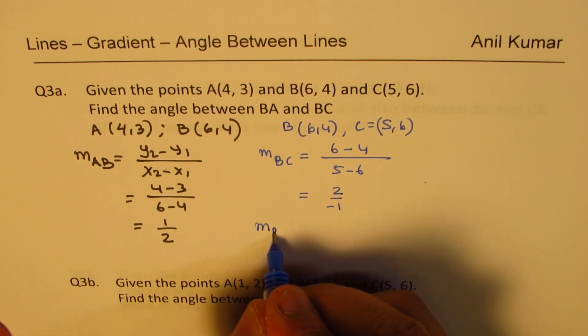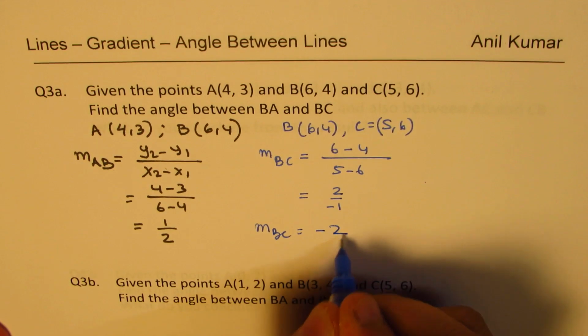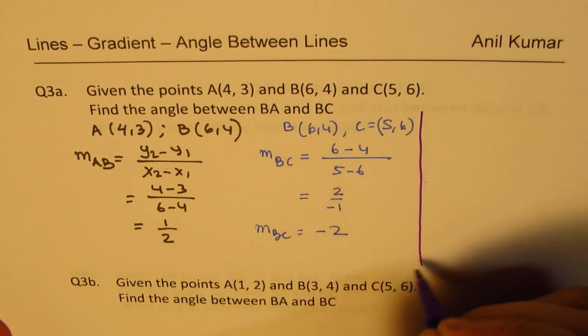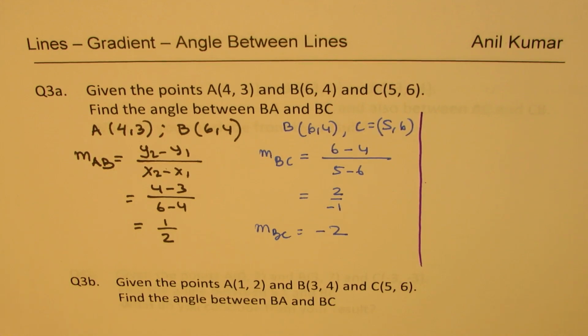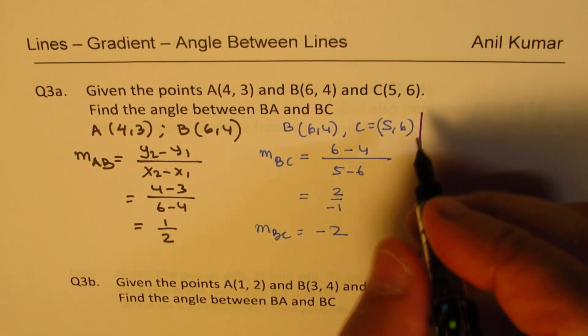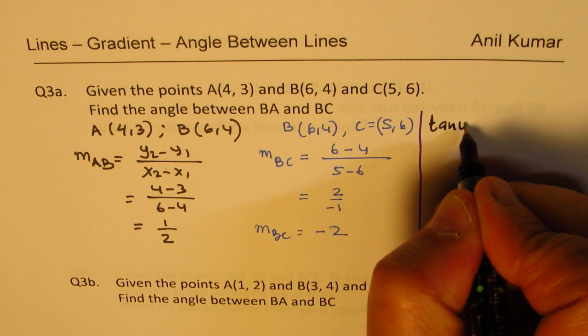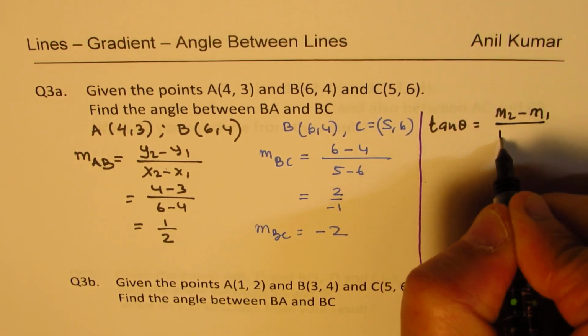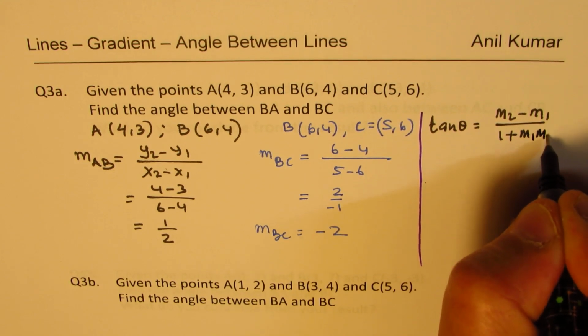So m_BC is equal to minus 2. Now we need to find the angle between the two lines. The angle between the two lines will be given by tan theta, which is (m2 minus m1) over (1 plus m1 m2).